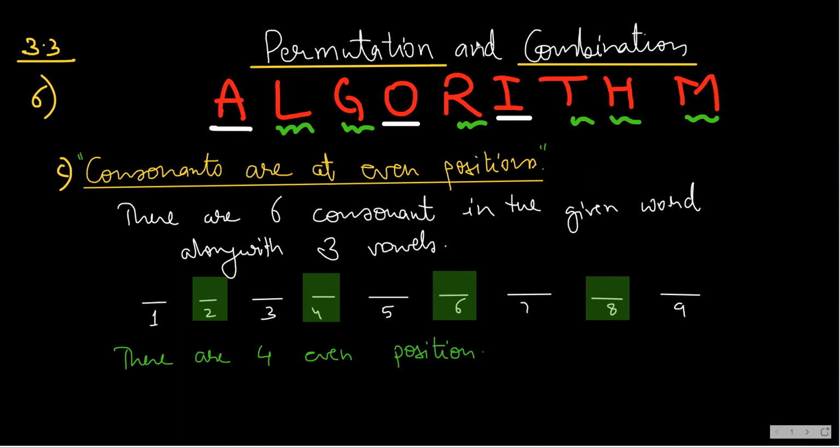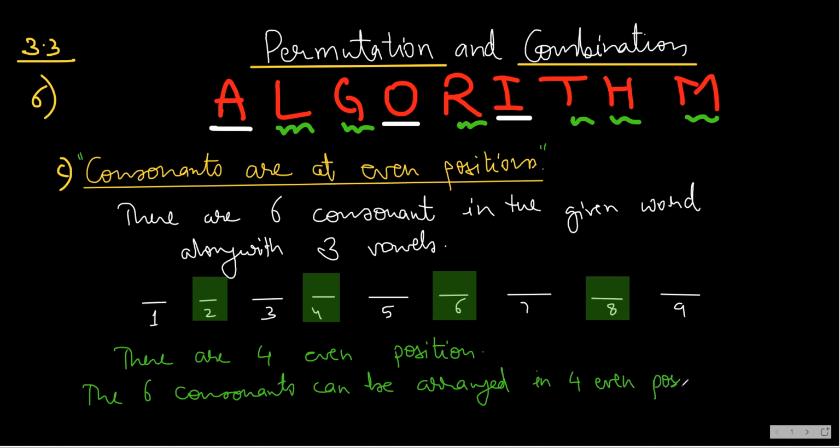So I will write here, these 6 consonants can be arranged in 4 even positions in 6P4 different ways.